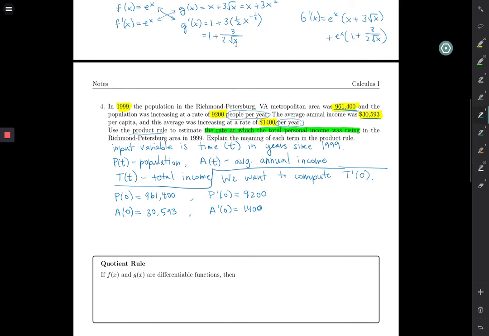And so if you think about that, hopefully you can convince yourself that if you take the entire population of the city and multiply it by the average annual income, you will get the total income of the place, right?